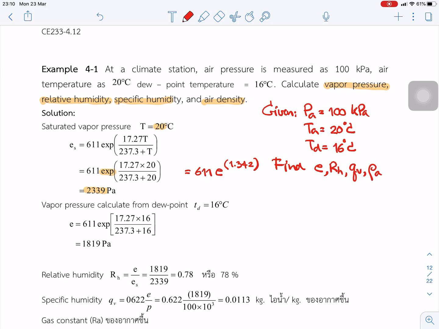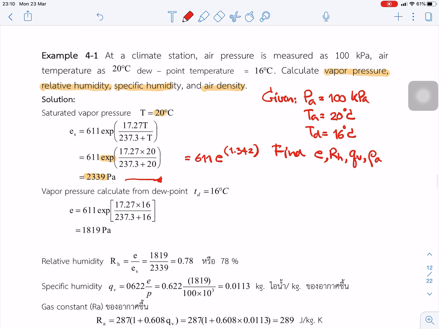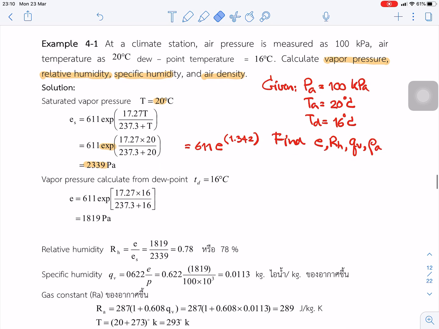So we get the first solution. For the first solution we have to use the dew point. This dew point temperature is 16, and we can estimate the vapor pressure.